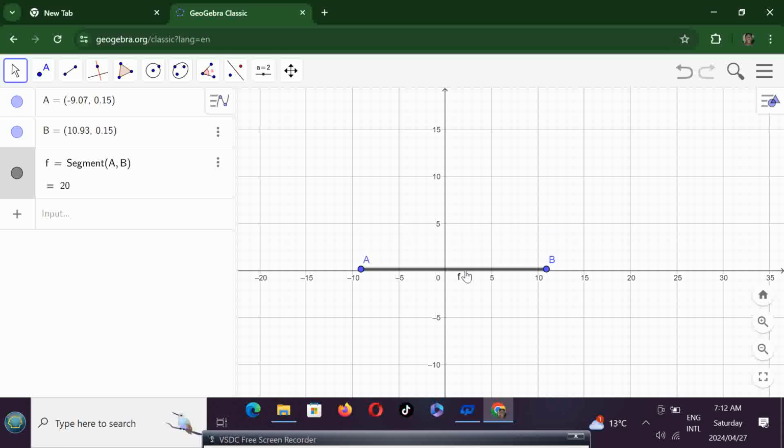So it becomes a bit interesting when this line here coincides with what we call the x-axis, okay? In other words, it's exactly on top of the x-axis. I'm trying to do that, but it's a bit challenging.